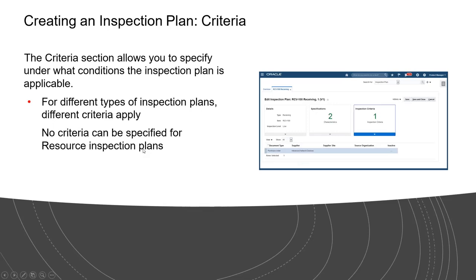And then the third one is the criteria. The criteria section allows you to specify under what conditions the inspection plan is applicable. For different types of inspection plans, you can have different criteria. In this case, the customer said, at receipt, I want to inspect all the materials for all the POs from this particular supplier.